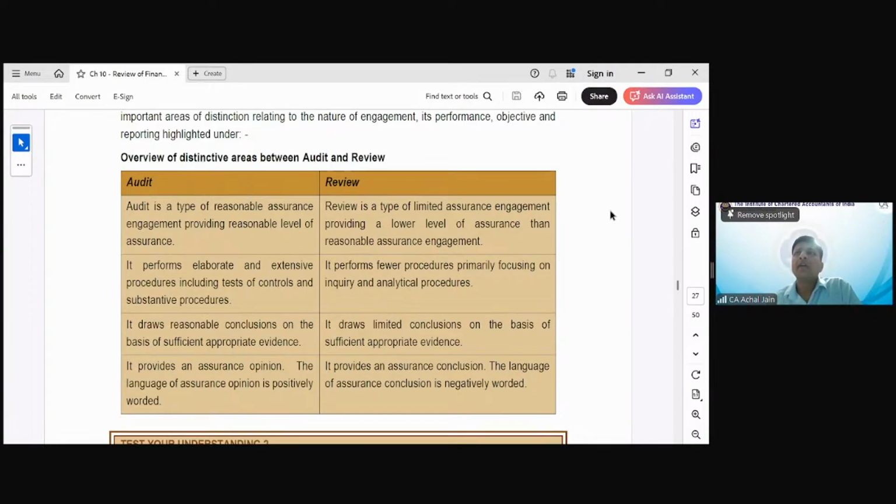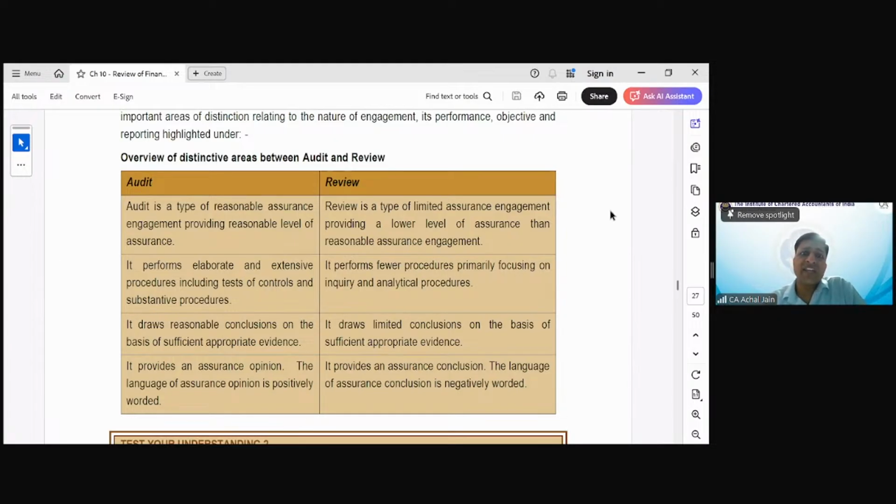No. See, when you go to the Companies Act or any law or regulation, you need to find out under that particular section, rule or regulation when that reporting is required to be done. Is it required at the time of audit or at the time of any report, including the review?